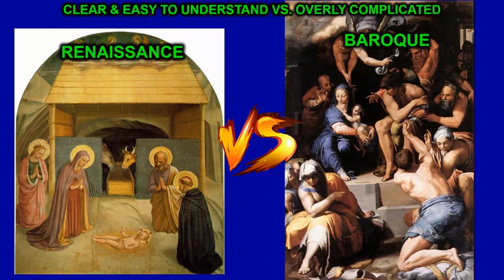It is very orderly how the lines are repeated as you go from left to right. But if you look at the one on the right, all the figures are intermingled with each other, and so the rhythm that you follow doesn't quite go in such a linear fashion as it does in the Renaissance example up on the screen. All right, that's it for now.